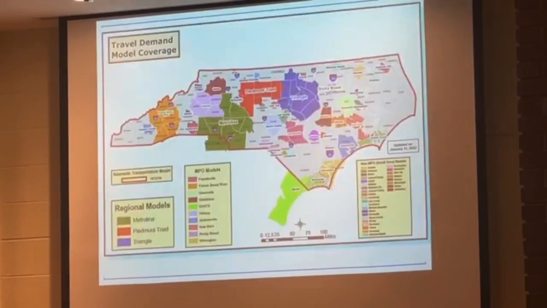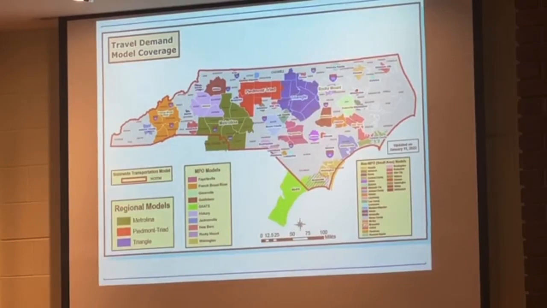So right now, the state has many travel demand models. This is a map of all the metropolitan areas and small municipalities that we have. If we look at this map, we see more than 10 metropolitan areas that are currently using a travel demand model. These models are either developed in-house at DOT or maintained by private firms or municipalities.